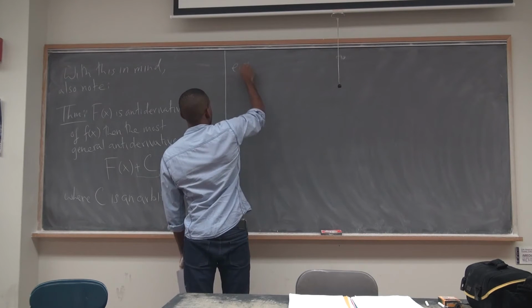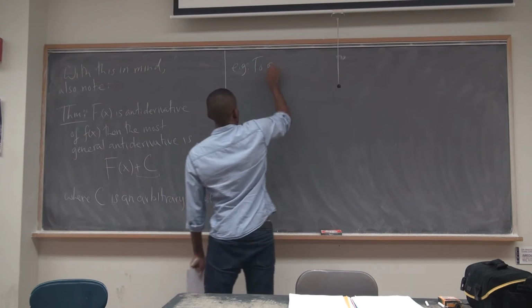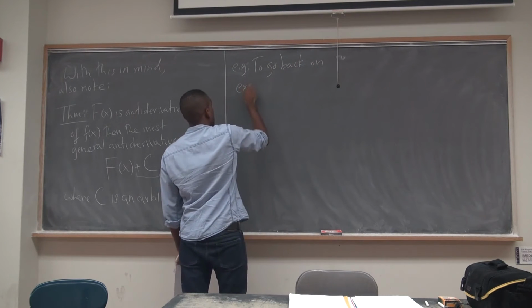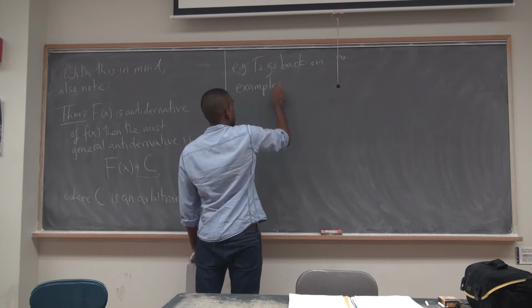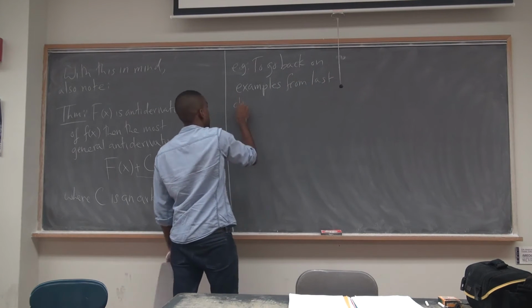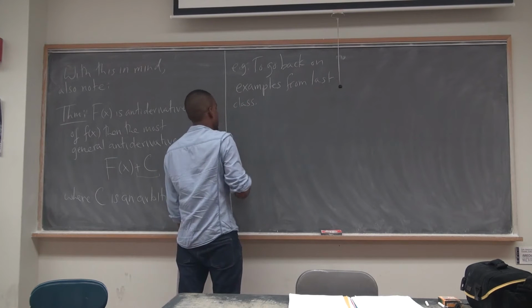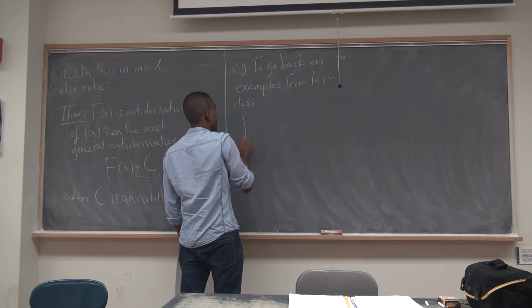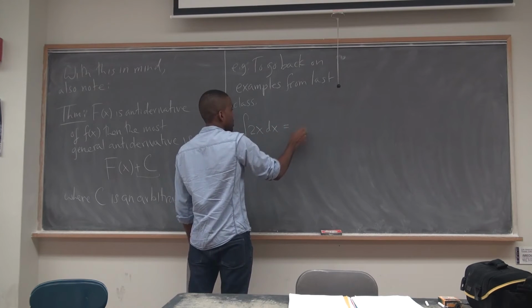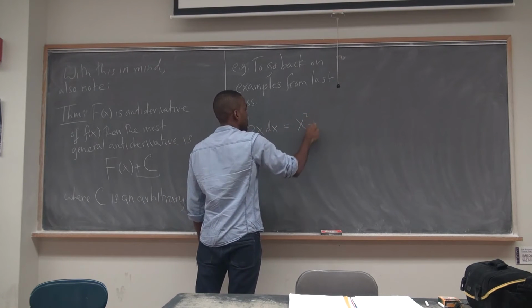So for example, to go back to examples from last class, I can say that the antiderivative of 2x is x squared plus c.